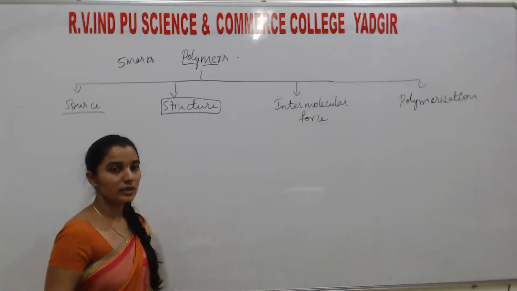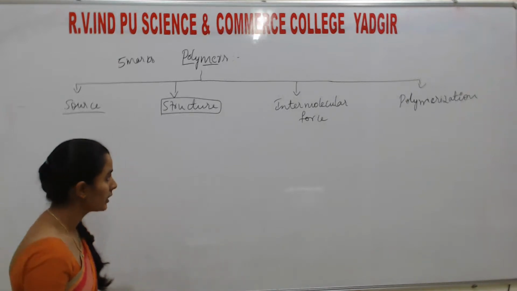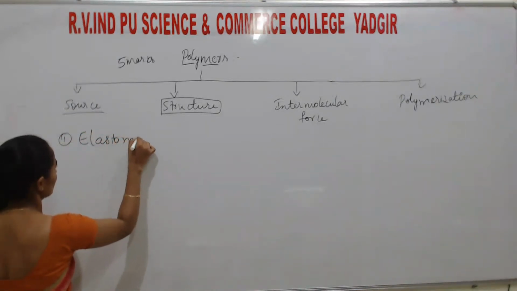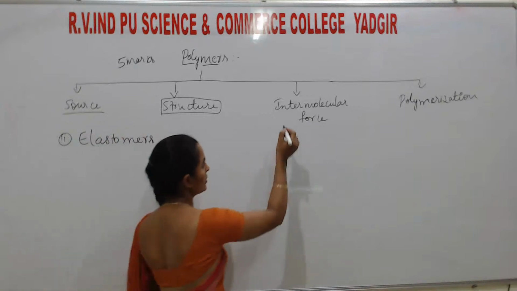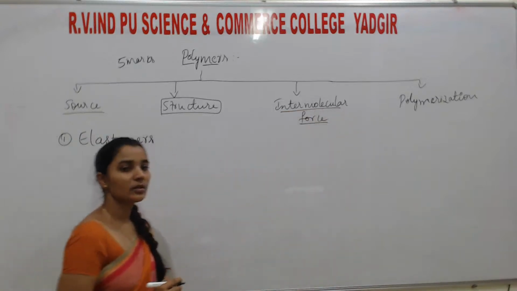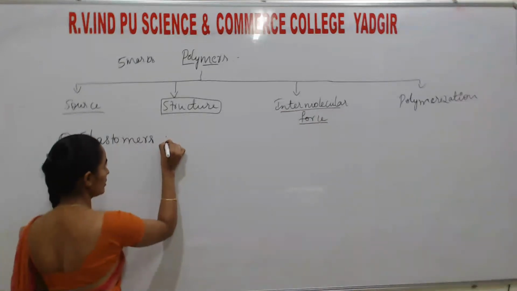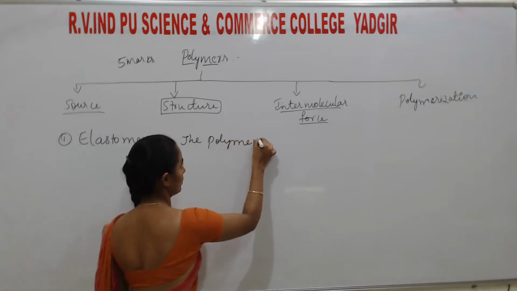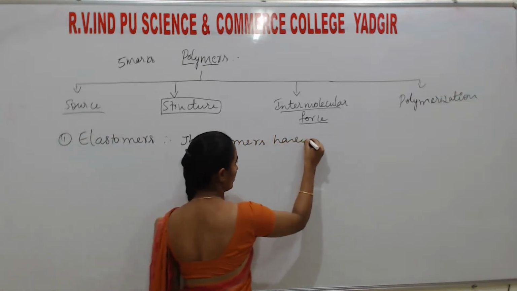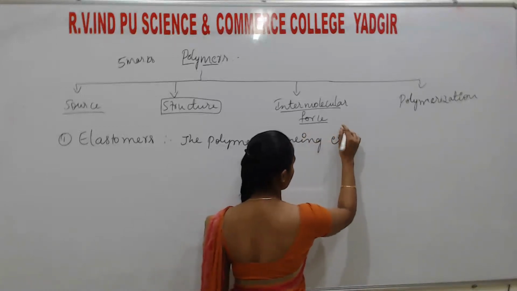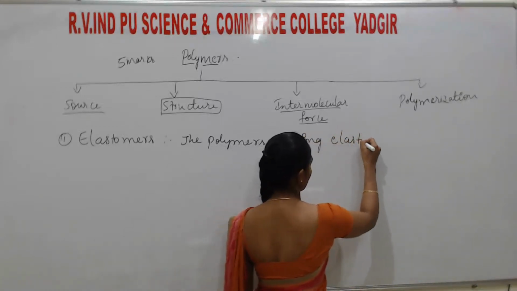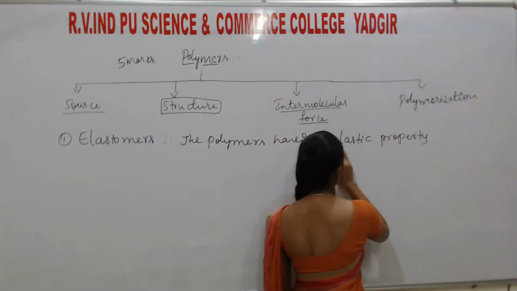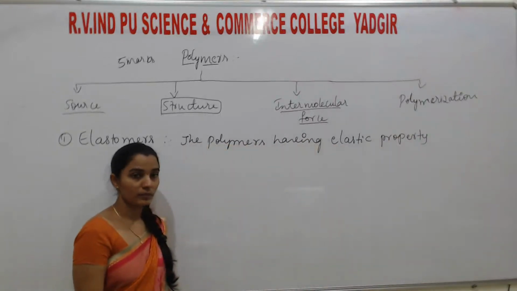Next one is intermolecular forces. In that, the first one is elastomers. So listen, the polymers having elastic property are called elastomers.